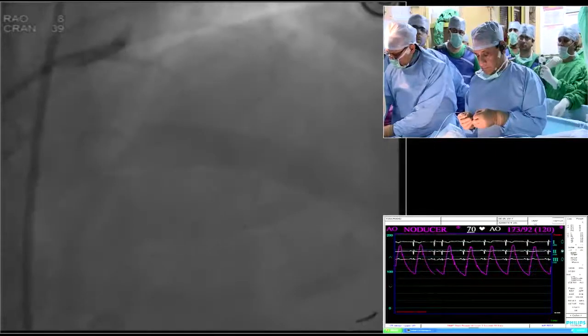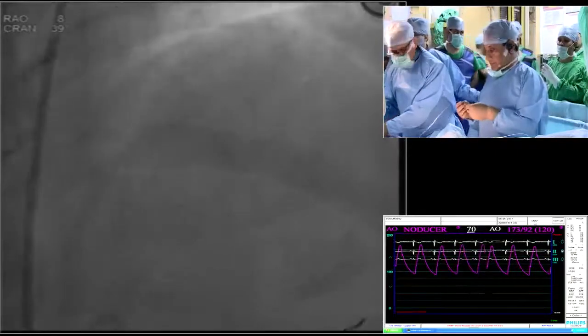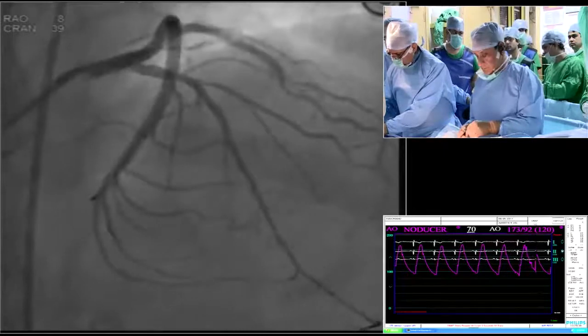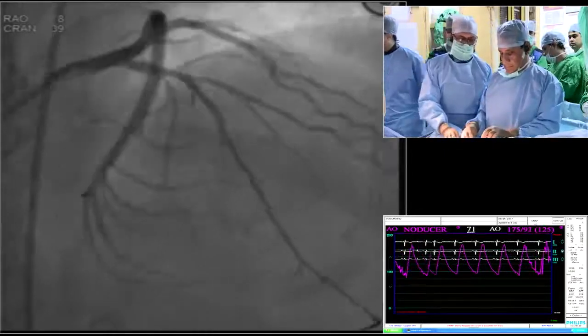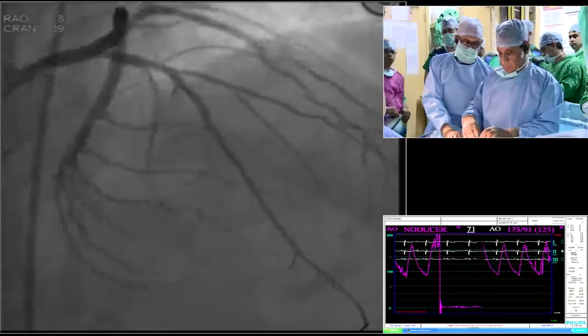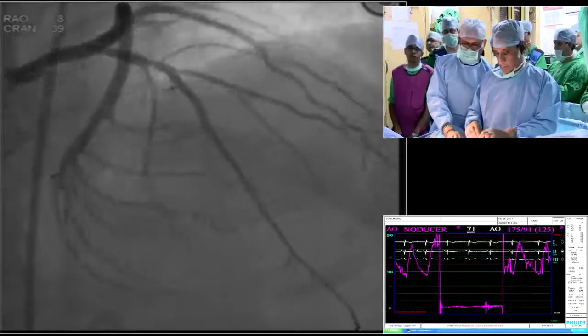3.5 could be a bit larger for a 2.75 scaffold. Yes. Good. Good.